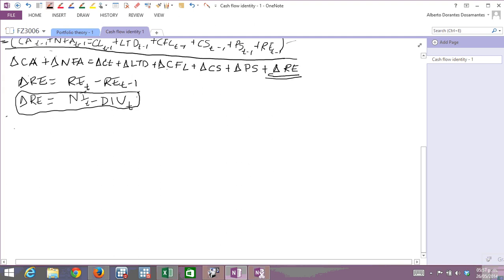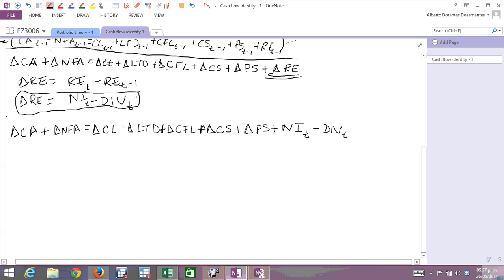Delta current asset plus delta of net fixed asset is going to be equal to delta of current liability plus delta of long-term debt plus delta of current financial liability plus delta of common stock plus delta of preferred stock plus, and here I'm going to substitute the other one, net income at time t minus dividends at time t.